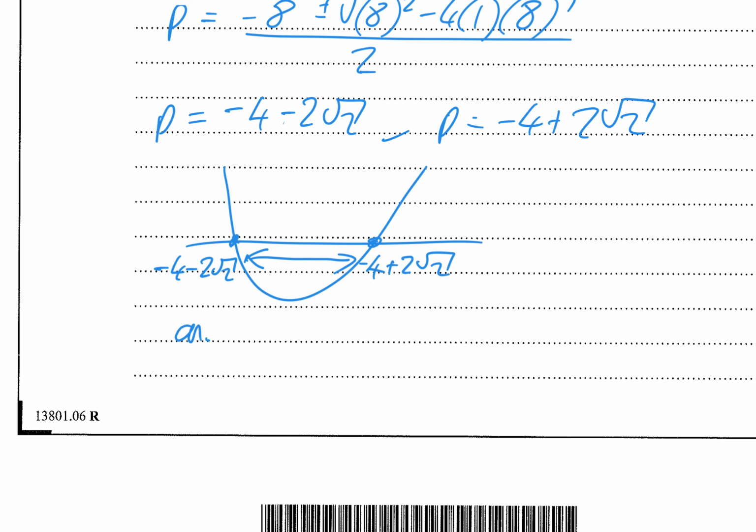So my answer is minus 4 minus 2 root 2 is less than p is less than minus 4 plus 2 root 2. And that's what we're looking for. And that, I think, is us done. Just check, and you go through your answers, and you just check there, but I think that's all finished. Happy days.